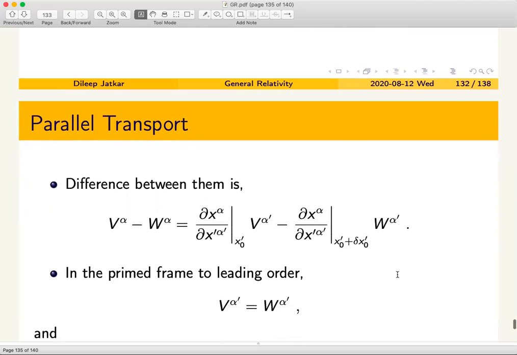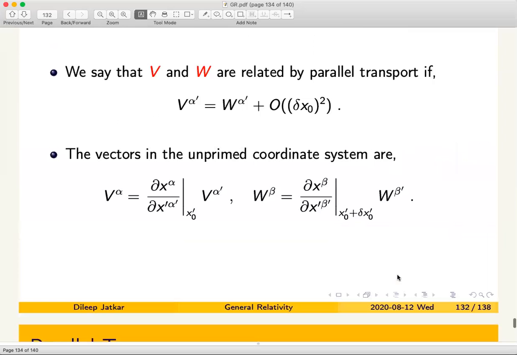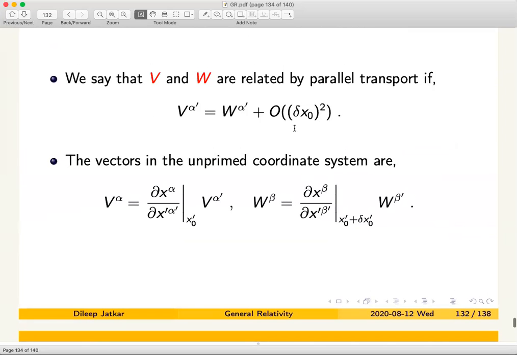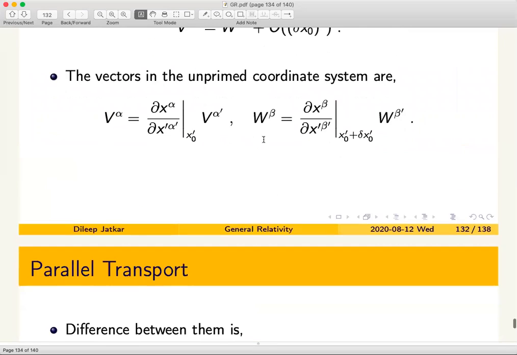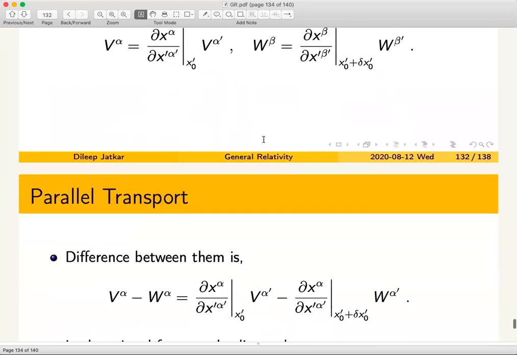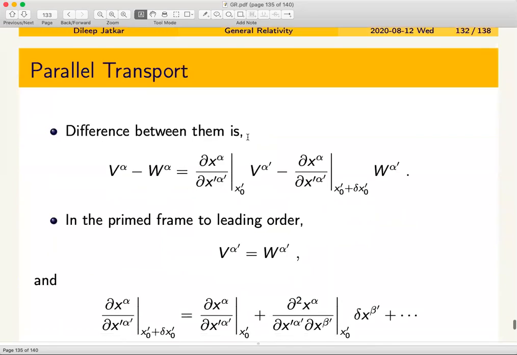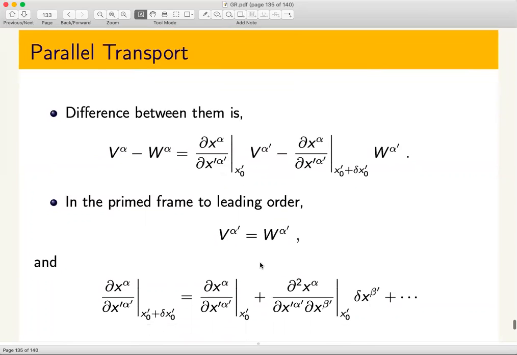Now, of course, in the primed frame, to leading order, these are the same. Why? Because we said that the change is going to happen at quadratic order. So to leading order they would be the same. Therefore, we could replace w alpha prime by v alpha prime when you do a leading order computation. Fine.